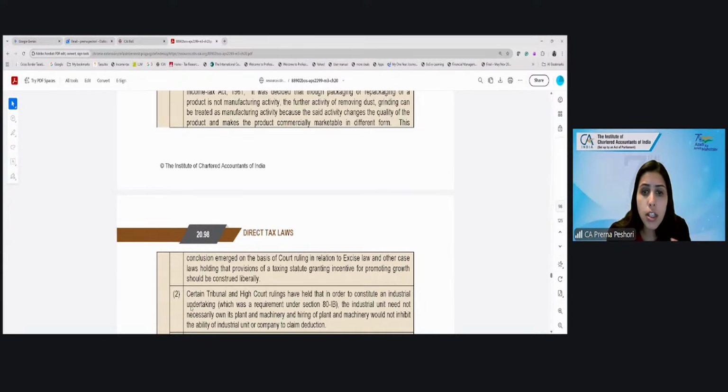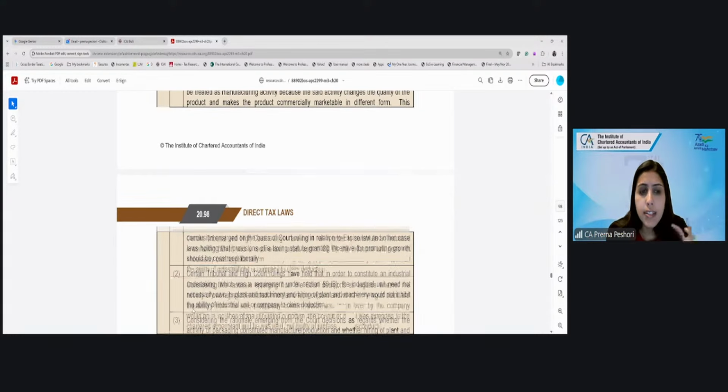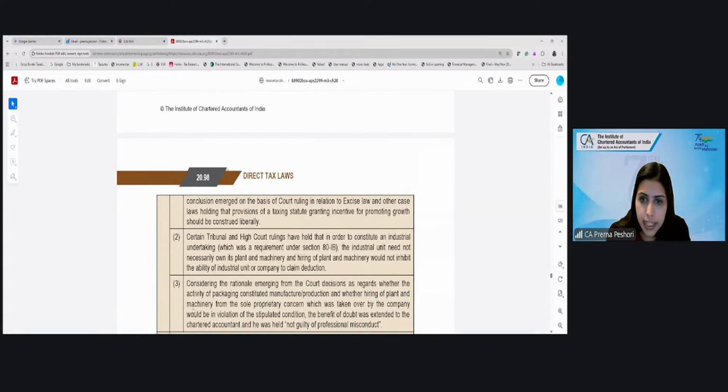This conclusion is emerging on the basis of court rulings in the excise law and not under the tax law. Certain tribunal and High Court rulings have held that in order to constitute an industrial undertaking under 80IB, the industrial undertaking need not necessarily own its plant and machinery. It can take it on hire and can still qualify as an industrial unit.